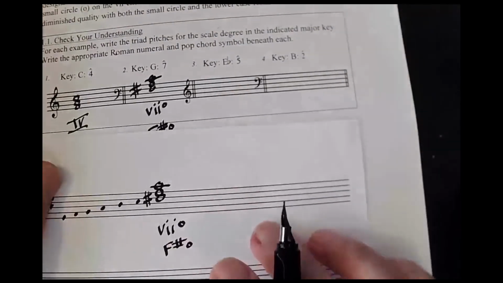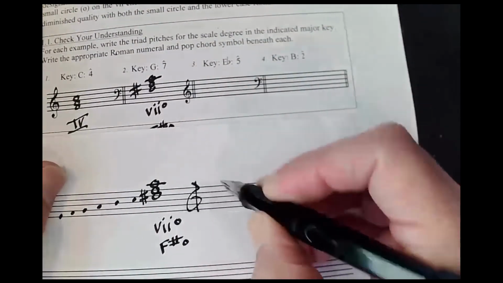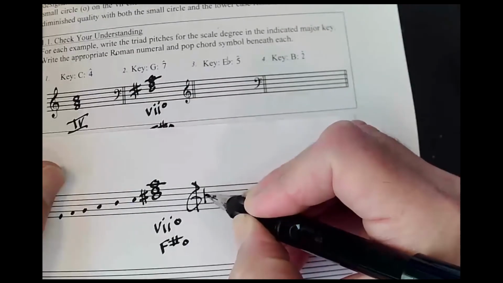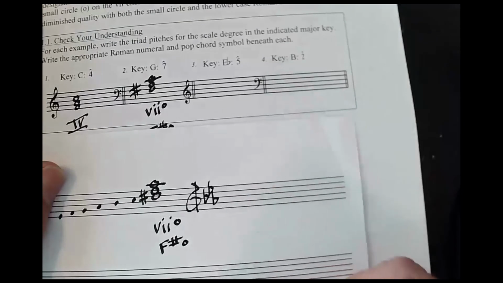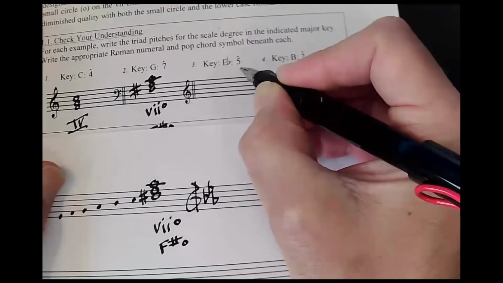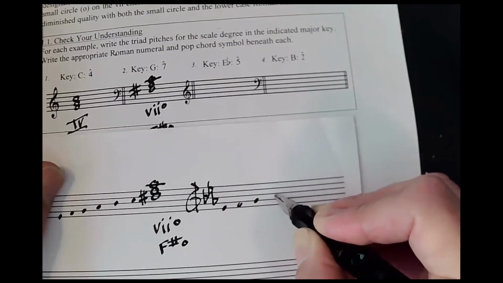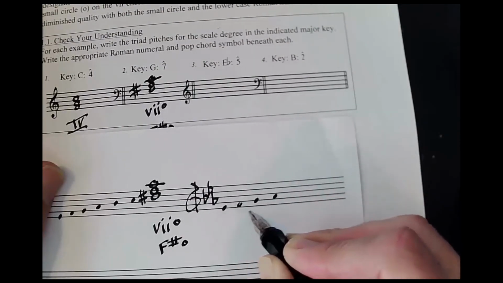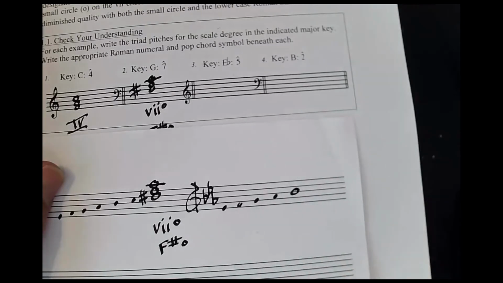The next one is the key of E flat. So I'm going to go ahead and do the same thing, this time with a G clef, and I'm going to write the key signature of E flat, which is 3 flats, B flat, E flat, A flat. It asks for 5, so I'm going to count 1, 2, 3, 4. Notice I started on E flat. I went up to the 5th note, which is B flat.